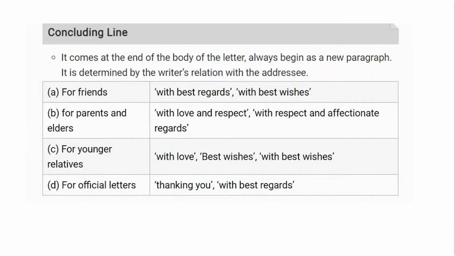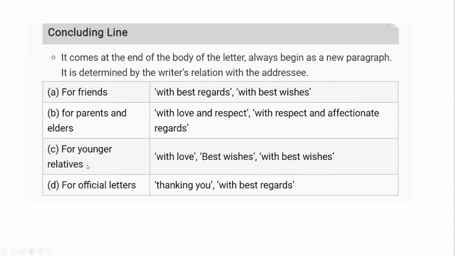So in the next slide, these are the concluding lines. You have to write concluding lines like with best regards, with best wishes, if the person is your friend. If the person is your parent or elder, then you have to write with love and respect, with respect and affectionate regards.